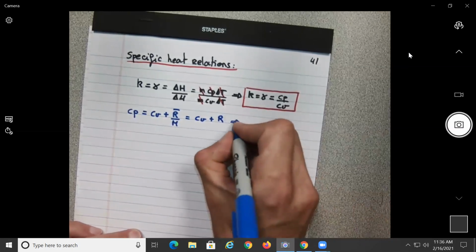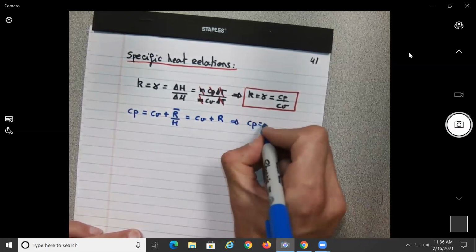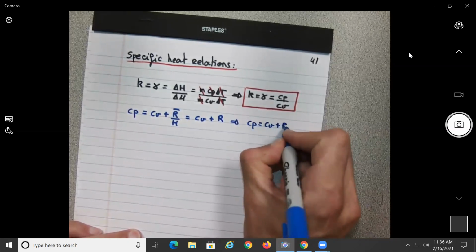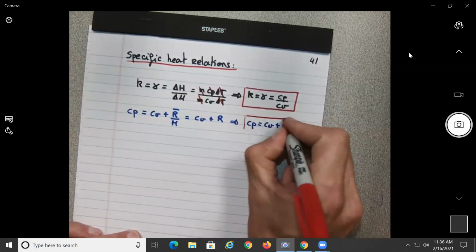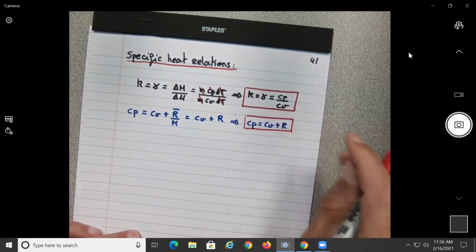So over here, let's keep the relation Cp equal to C sub V plus R. Did you say R is the gas constant?